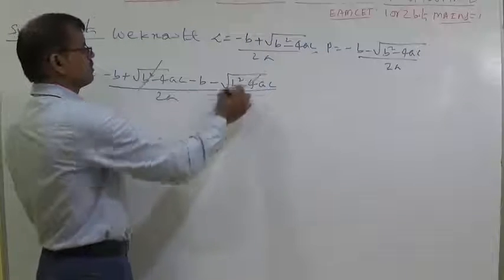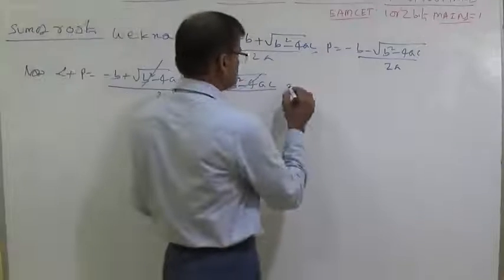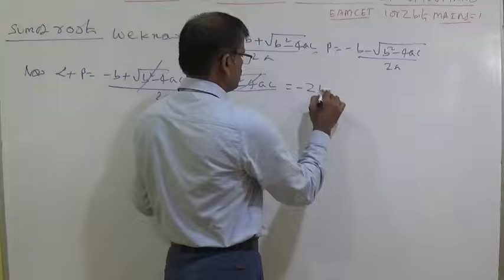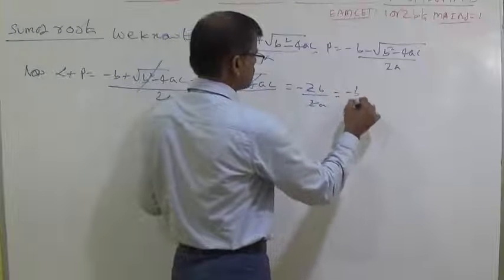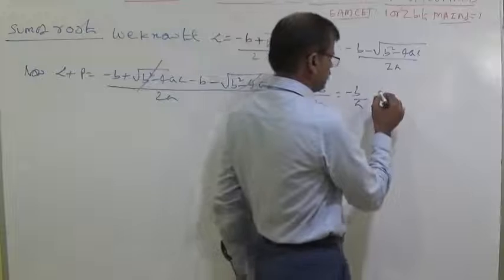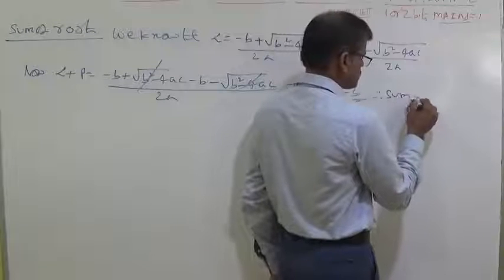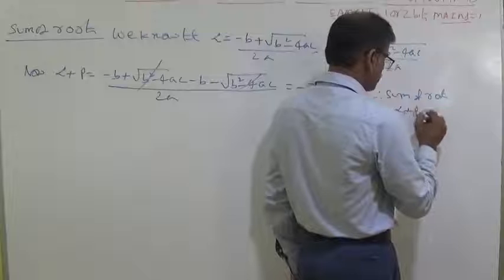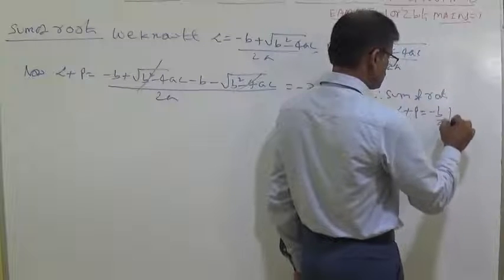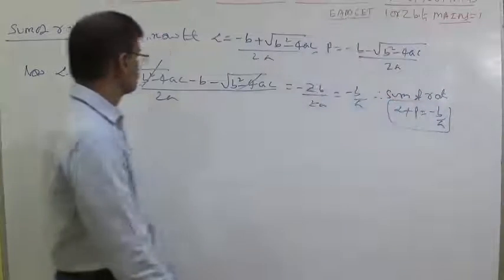Now plus root b square minus 4ac will be getting cancelled. Here minus b and minus b, you can write minus 2b by 2a, 2 get cancelled, minus b by a. Therefore, sum of roots alpha plus beta is equal to minus b by a.